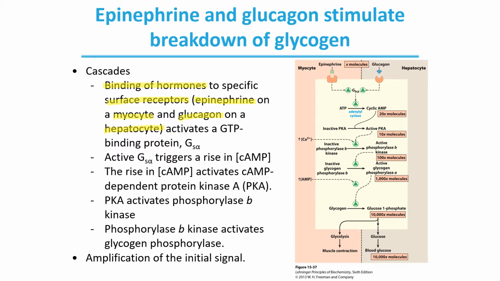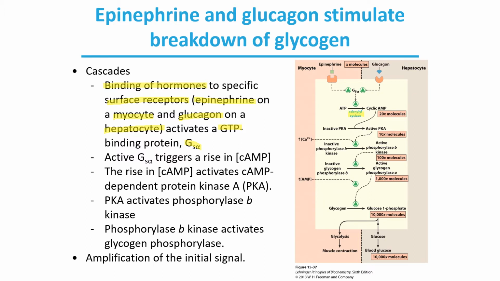Both of these receptors are G protein coupled receptors that we discussed in detail in biosignaling. Binding activates the G alpha part, which is bound with a GTP molecule. G alpha becomes active, detaches from the rest of the G protein and activates the enzyme adenylyl cyclase.